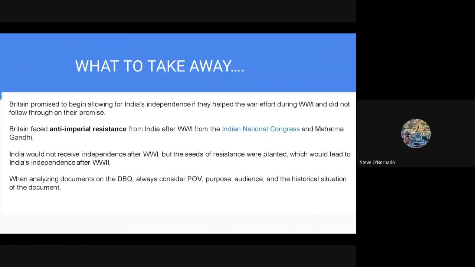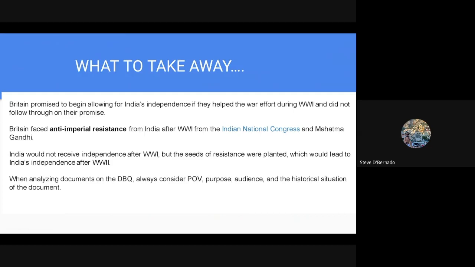What should we take away? This is what you need to remember. Britain promised to begin allowing for India's independence if they helped the war effort during World War I. They did not follow through on that promise. And what were the consequences? Britain faced anti-imperial resistance from India after World War I from the Indian National Congress and Mahatma Gandhi in the civil disobedience movement.